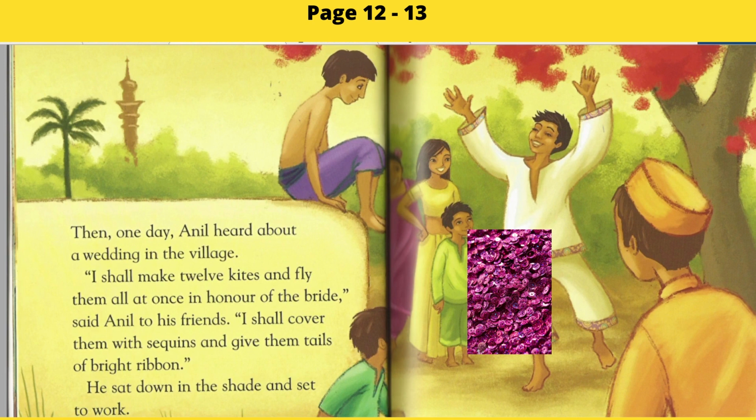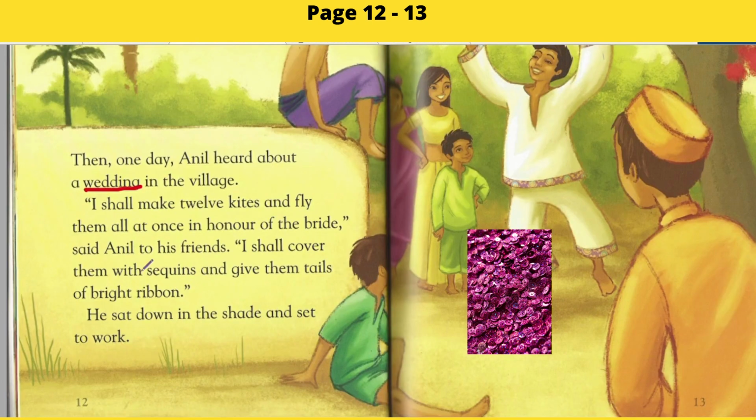You can see here Anil is very excited. Dia sangat teruja. Why? Satu hari dia terdengar tentang satu perkahwinan di dalam kampung. Dia berkata kepada rakan-rakan dia, aku akan buat 12 layang-layang dan terbangkan mereka sekaligus serentak sebagai penghormatan kepada pengantin. Aku akan cover, melitupi layang-layang tu dengan sequins. Sequins ni labuci.